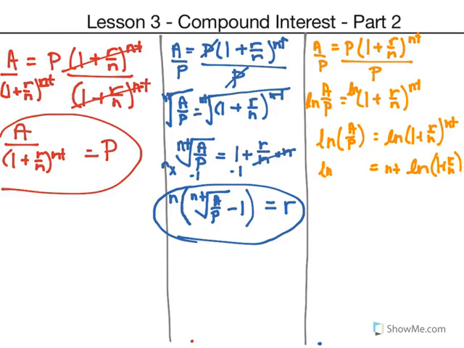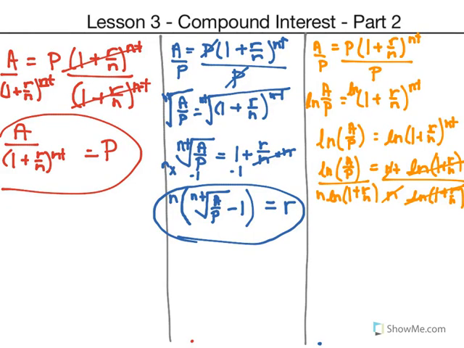So now it's no longer an exponent, nt. And we want to get rid of the n and the logarithm of 1 + r/n. So this will cancel and this will cancel, and we'll be left with just t. So we're dividing both sides by n times the logarithm of 1 + r/n.